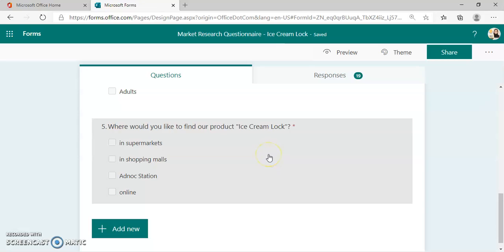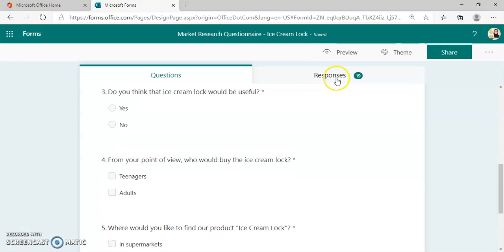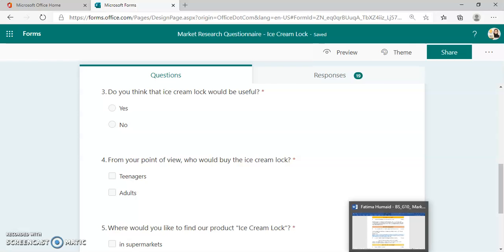So after carrying out this market research questionnaire, you should share it in order to gather responses. So how are you going to share the results or the responses of your market research questionnaire with the marker that is going to mark your project?